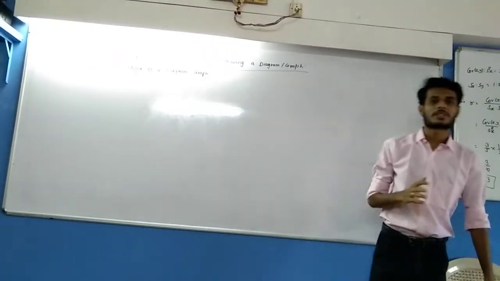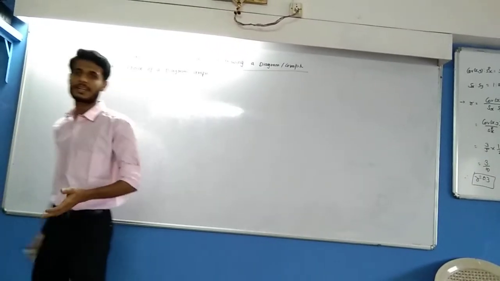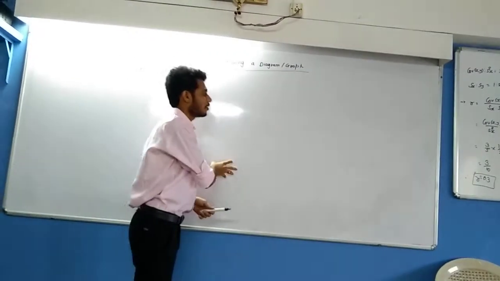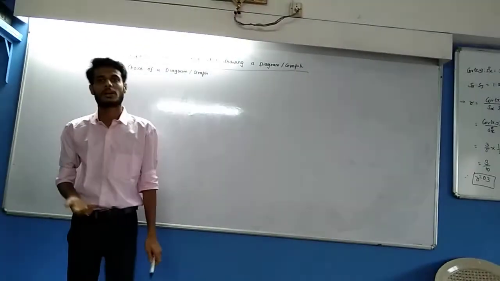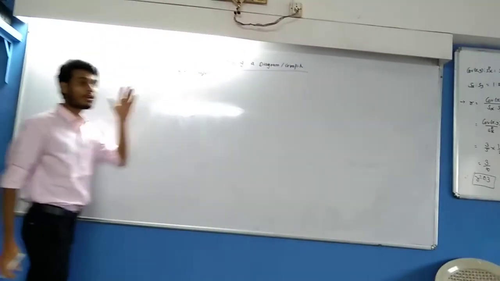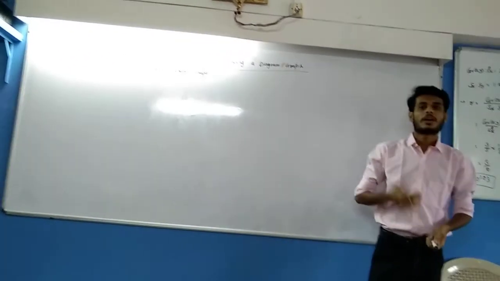In simple terms, yesterday I explained to you that if you have discrete data, then you can go for a diagram, and if you have continuous data, then you can go for a graph. That was very simple. But there are many types of diagrams and many types of graphs.